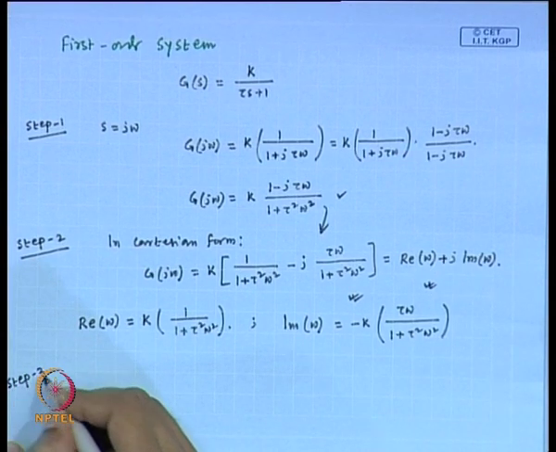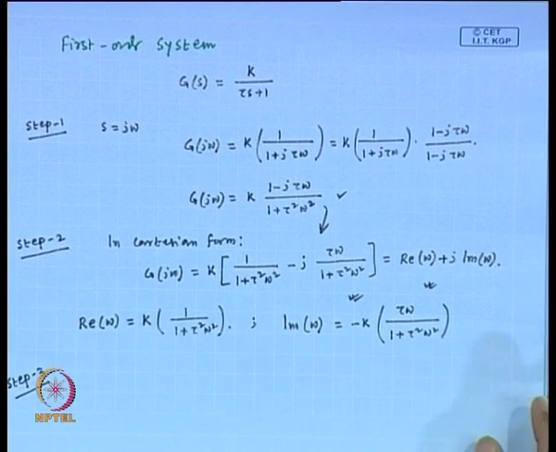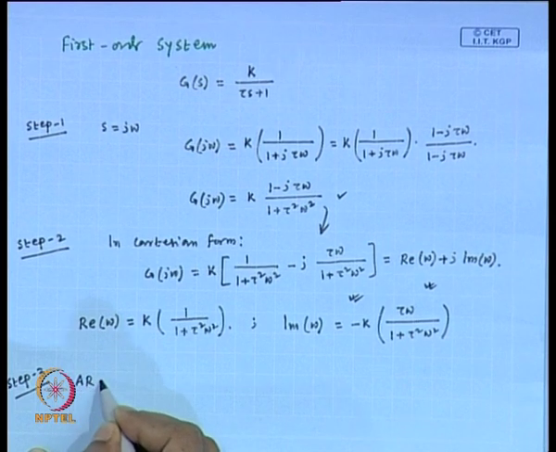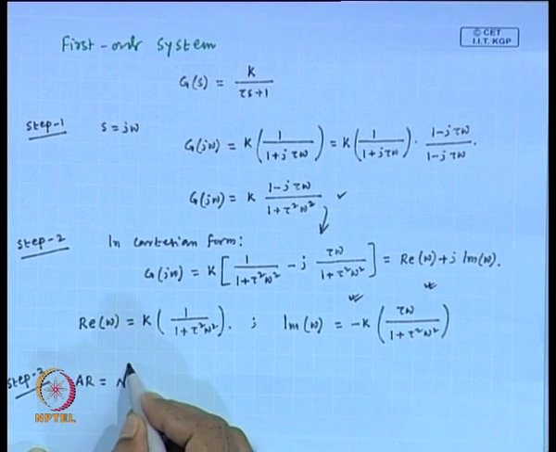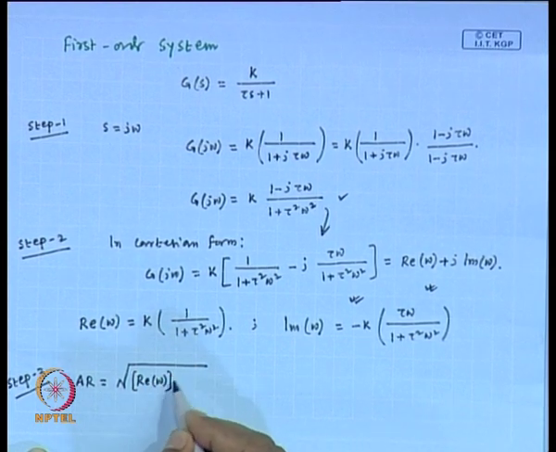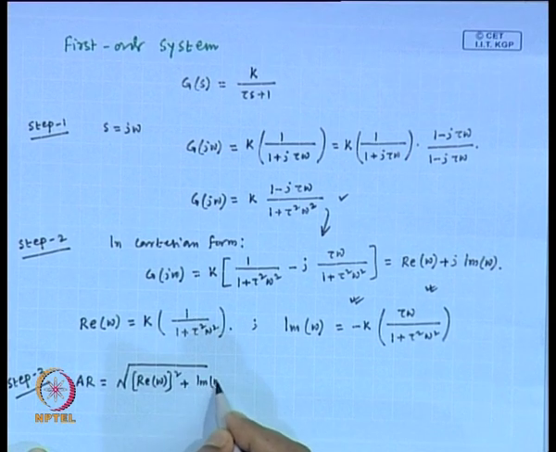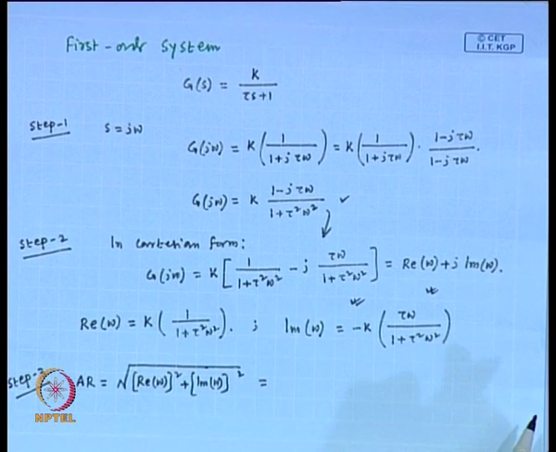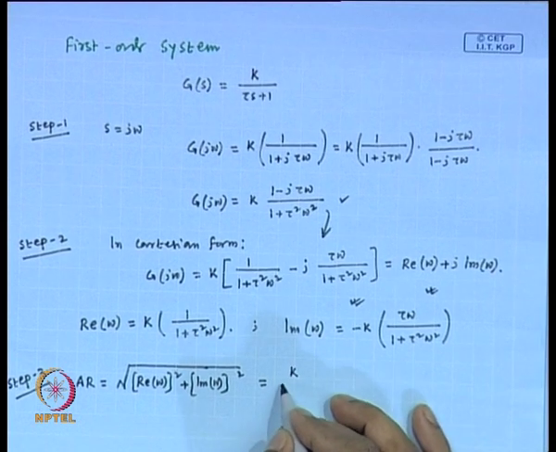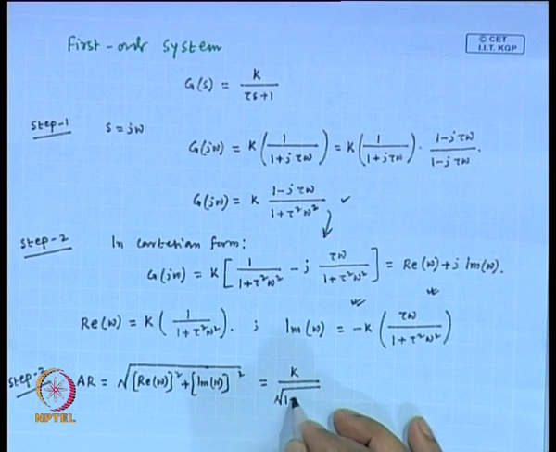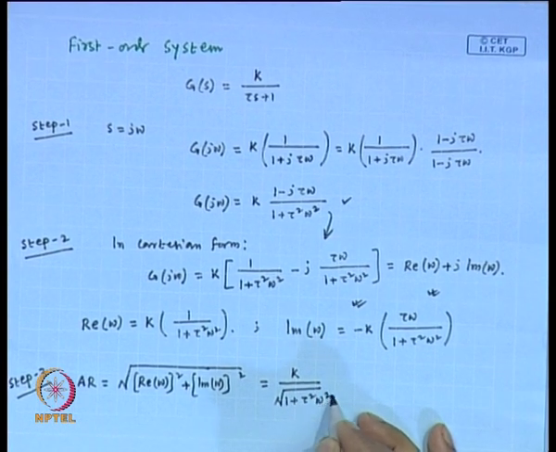In step 3, we will determine the amplitude ratio and phi using the expressions. Amplitude ratio is equal to K divided by root over of 1 plus tau square omega square.